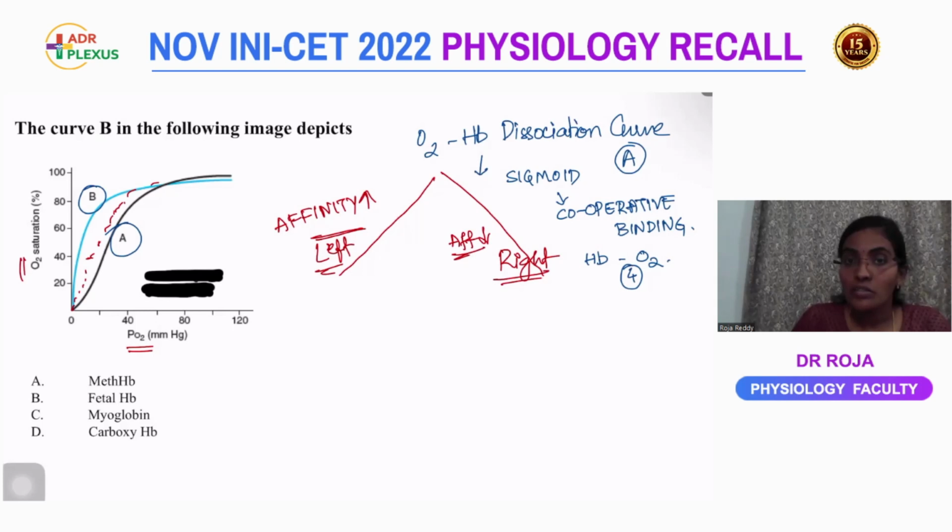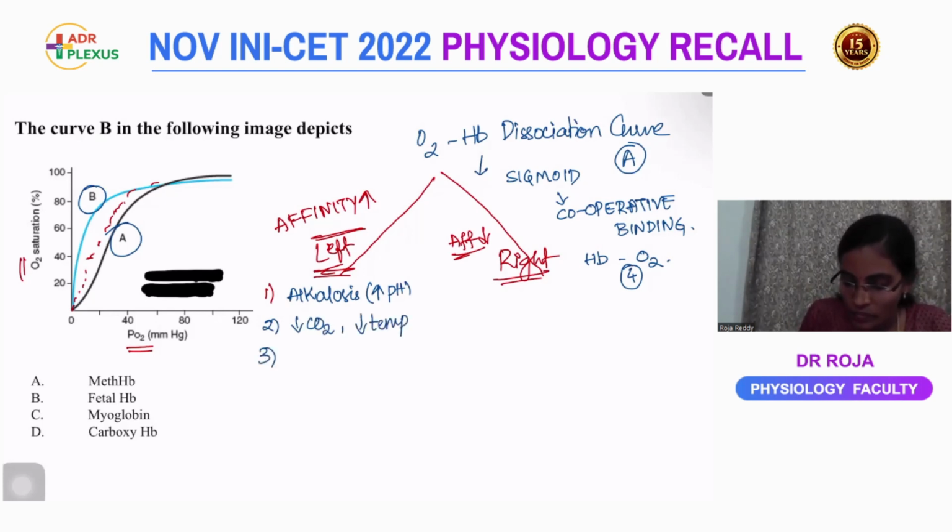Now, what are the various causes for increase or decrease of this affinity? If you look at the causes for the left shift, the first one is alkalosis, which means pH is increased. The second is decreased carbon dioxide, decreased temperature, and then decreased 2,3 DPG.